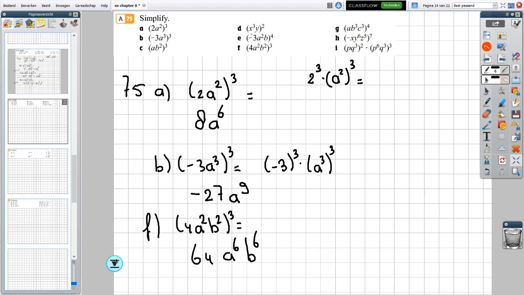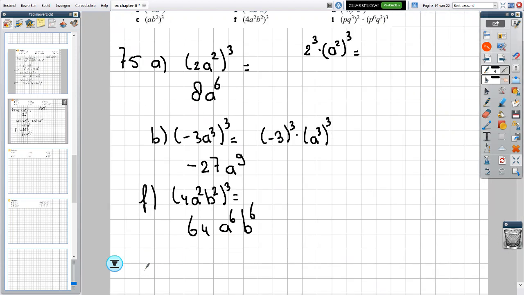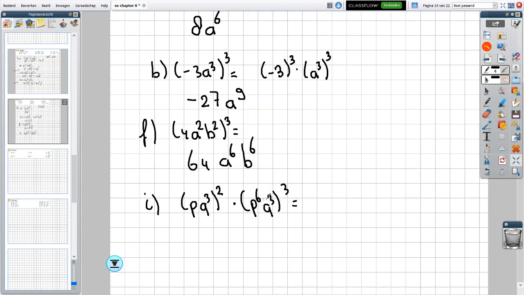Now let's take a look at I, maybe as the last one. P squared to the third, squared, times q to the 6th, p to the third power. Here I have multiplication, so I first evaluate both of those powers separately.